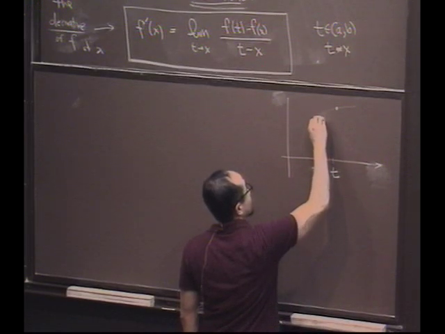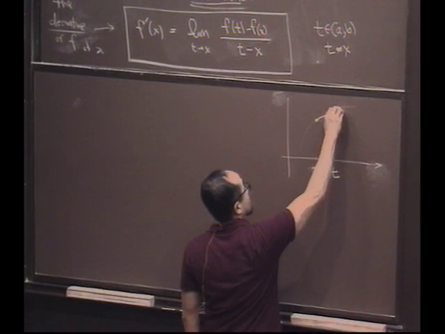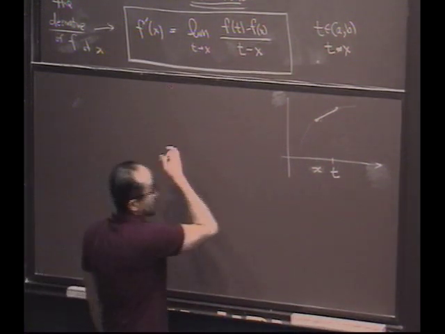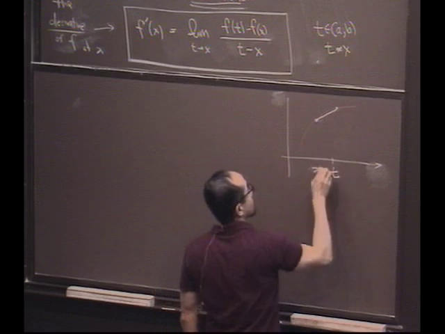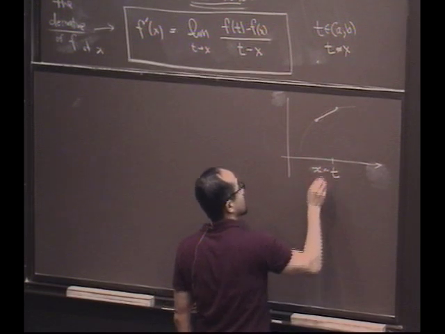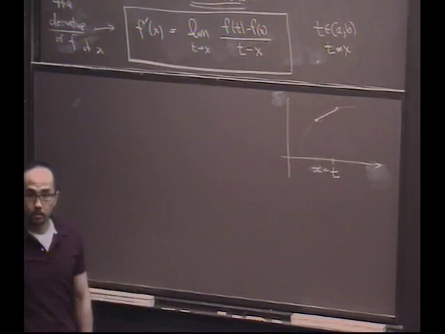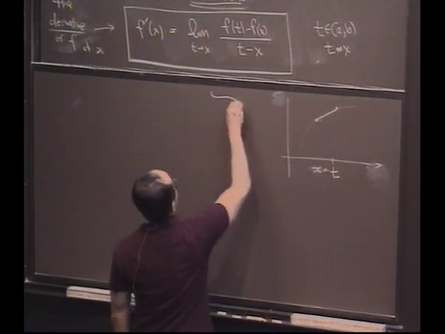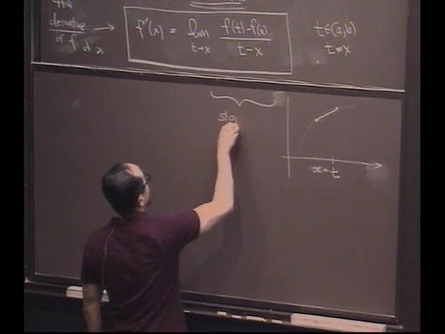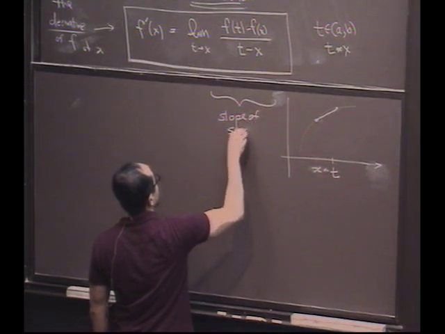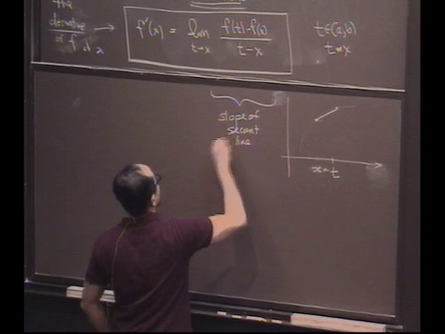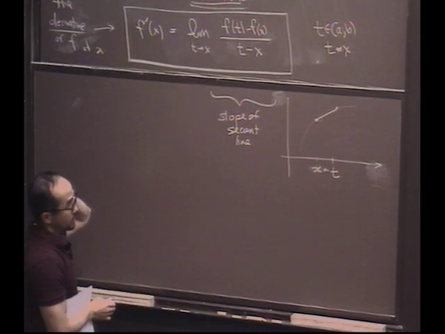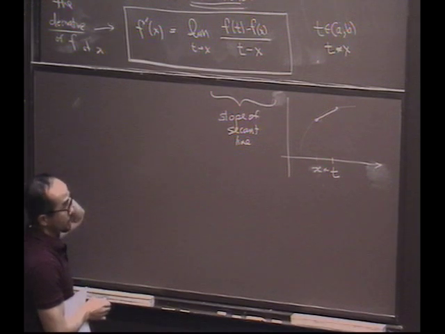You can think of it as the slope of this secant line. Now what I do in this limit is look at the slope of the secant line as I let t get closer and closer to x.